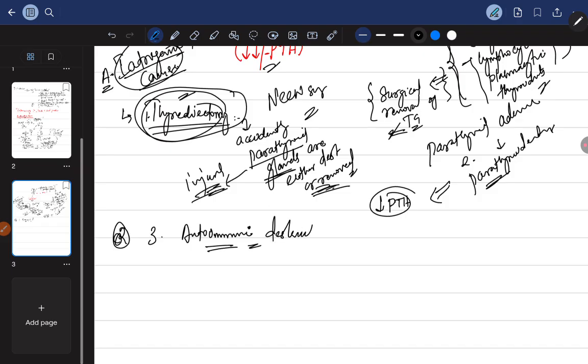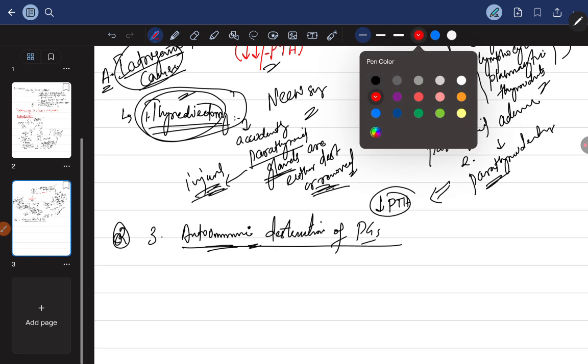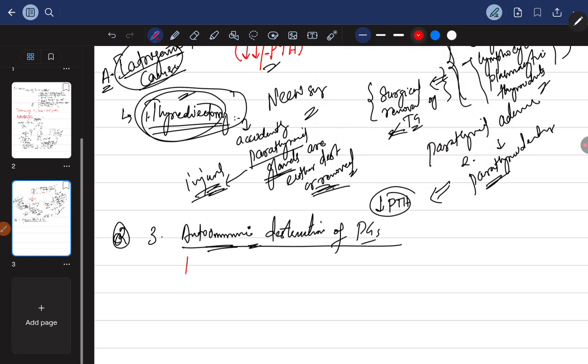autoimmune destruction of the parathyroid glands. Okay, now you know that in dogs one of the autoimmune conditions, already discussed, is lymphocytic plasmacytic thyroiditis.